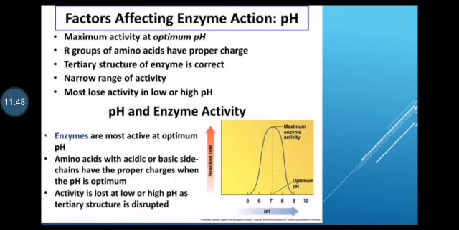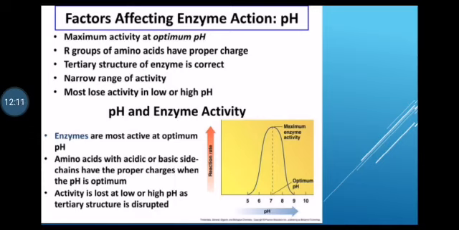Amino acids are the molecules of which enzymes are made. Amino acids with acidic or basic side chains have the proper charge when the pH is optimum. Means if we see the structure of an amino acid, it has side chains, and these side chains have specific charge.